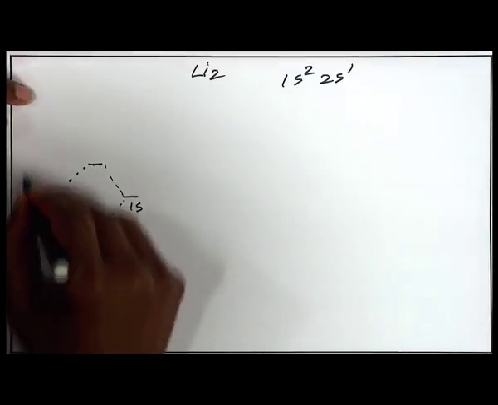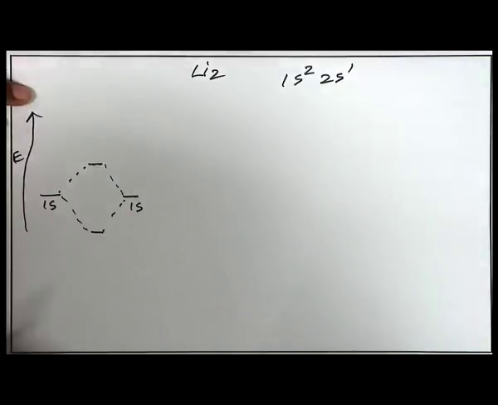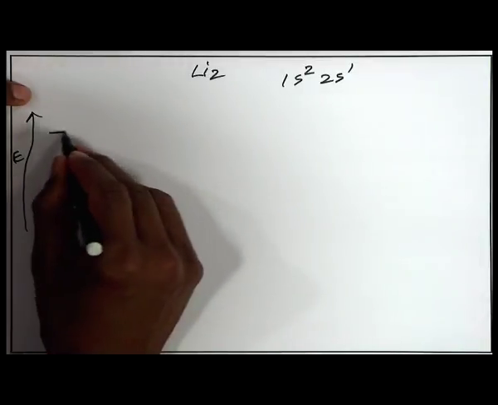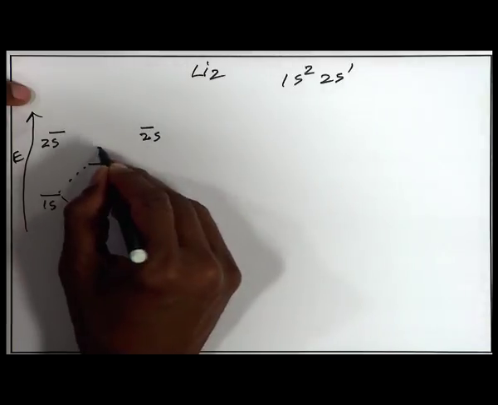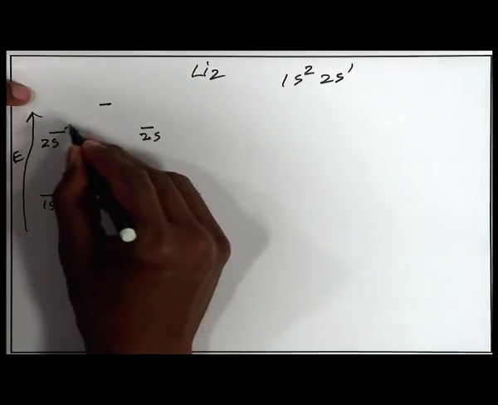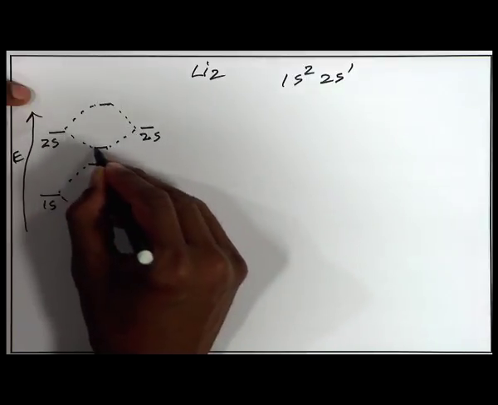Always remember, as you go up, energy increases. Then you have the 2s orbital, here is a 2s orbital, and there is a sigma bond, there is an antibonding orbital, and the interaction is shown as a dotted line.